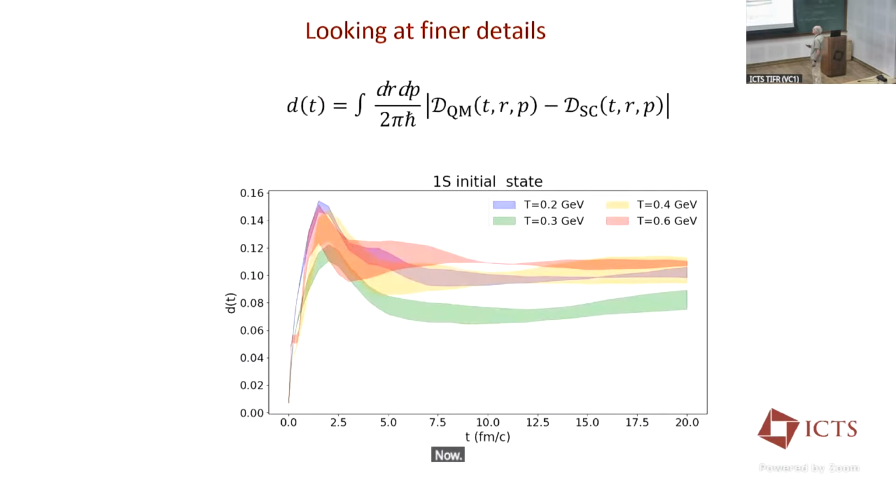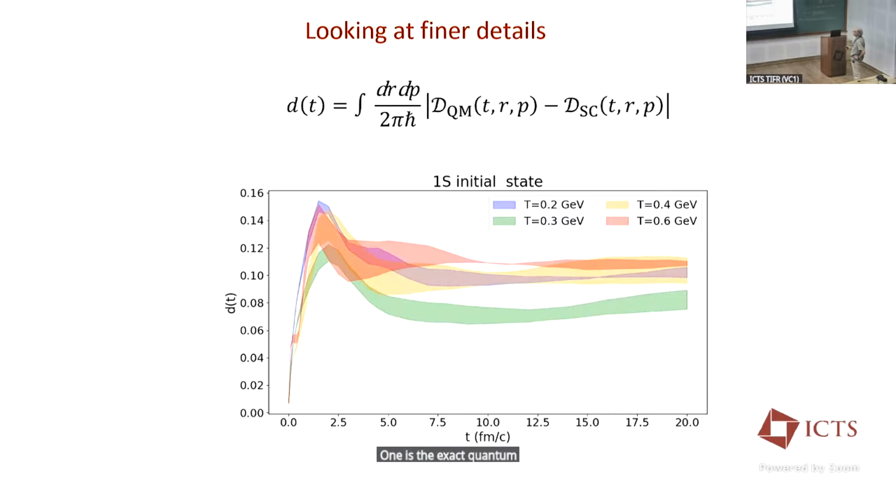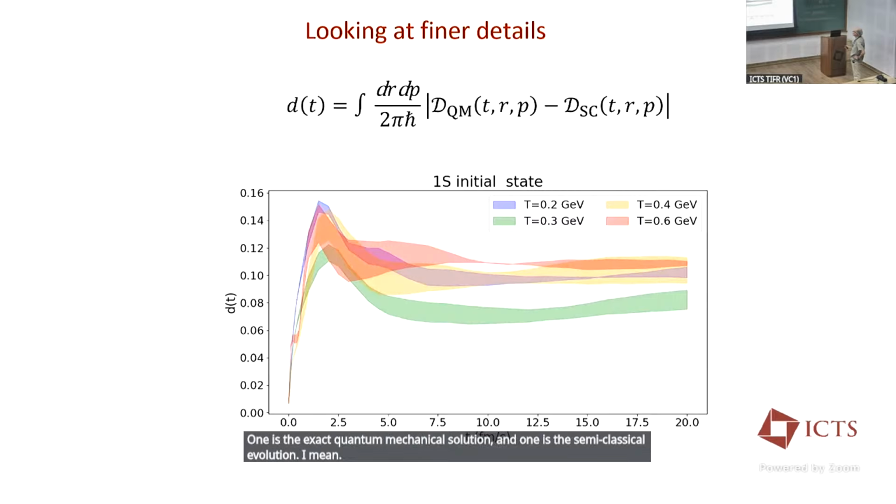Now, we can make that more quantitative. There are a lot of mathematical studies on this kind of problem. We can introduce an abstract object, which is a distance between the two solutions. One is the exact quantum mechanical solution, and one is the semi-classical evolution, which is a Wigner transform, as I said before.